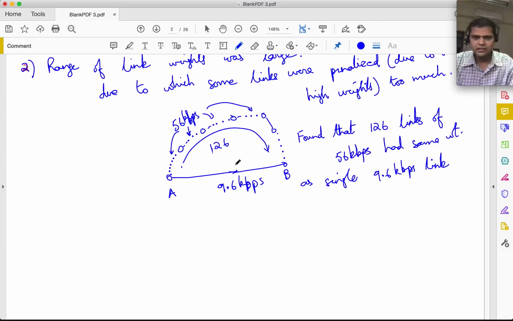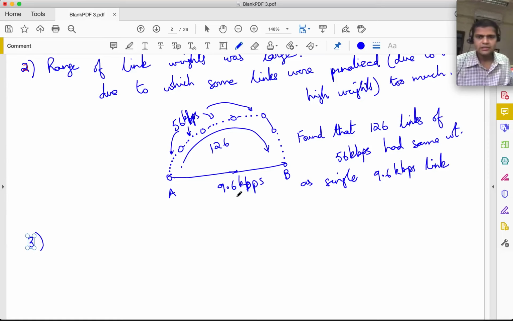So essentially the range of weights of links was too much. This 56 kbps link was less than 1/100th of the weight of this 9.6 kilobit per second. So they wanted to not have these sorts of problems.